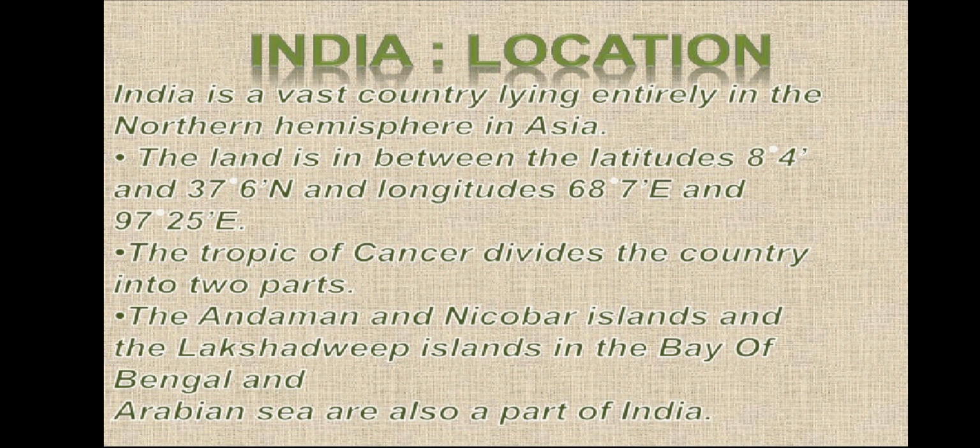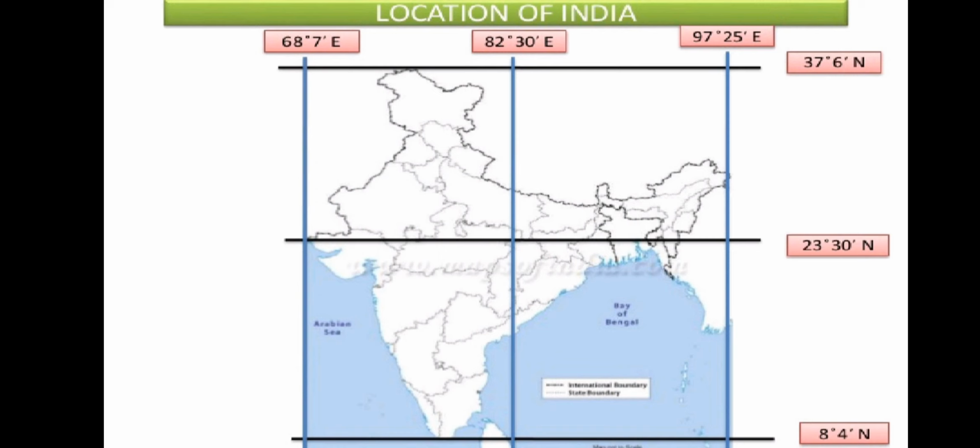to the southeast and southwest of mainland lie the Andaman and Nicobar Islands and the Lakshadweep Islands in the Bay of Bengal and Arabian Sea respectively. Here you can see the figure.